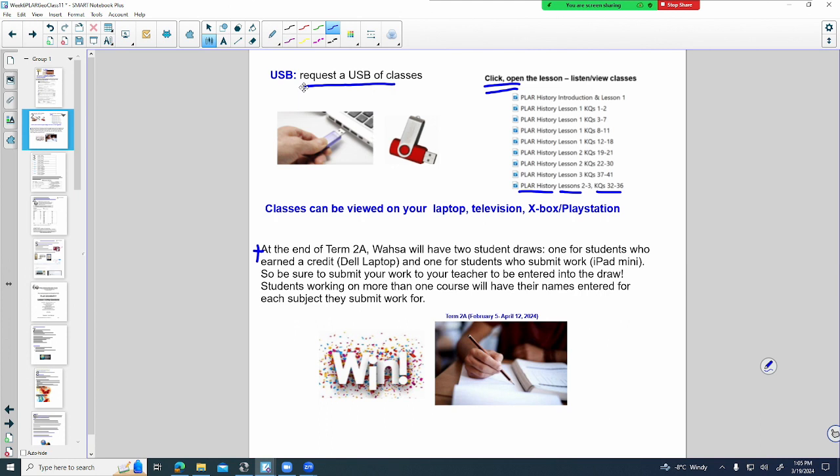At the end of Term 2A, April 12th being the last day of Term 2A, WASA will have 2 student draws. One is for students who earned a credit, and the draw for these students will be a Dell laptop. The other is for students who submit work, and for those students, the prize is an iPad mini. So be sure to submit your work to your teacher to be entered into the draw.